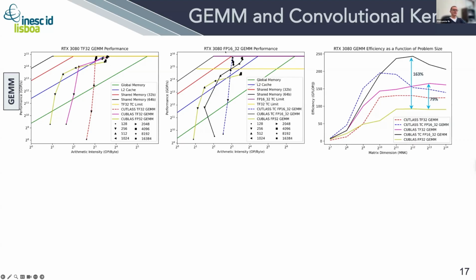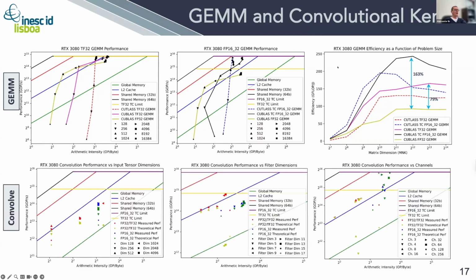However, here the difference is that if you use Tensor cores, you can get double the performance of what you get with the CUDA cores. Obviously, if you use Tensor cores, you can also get a much higher efficiency, in terms of GFLOPS per joule energy efficiency, which equals more than 80% or even 160% in FP16 with 32-bit accumulation.